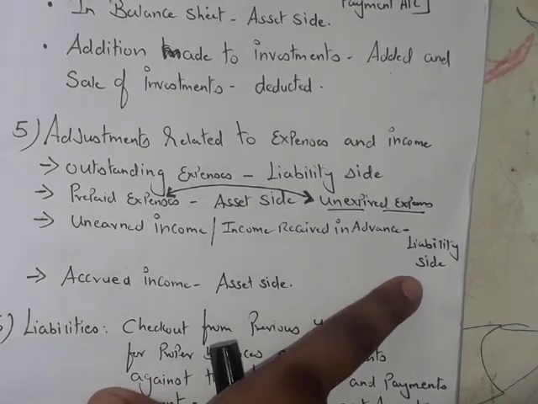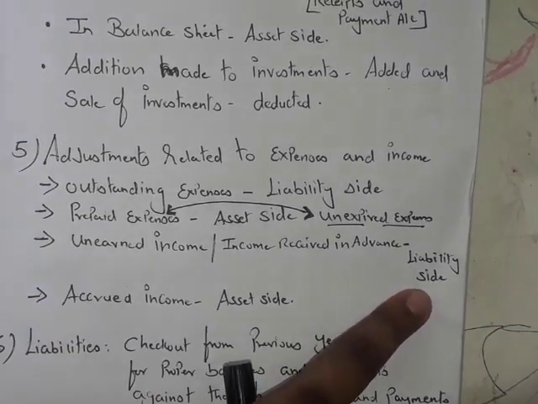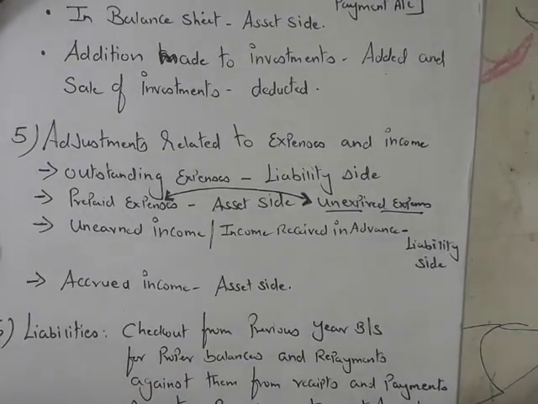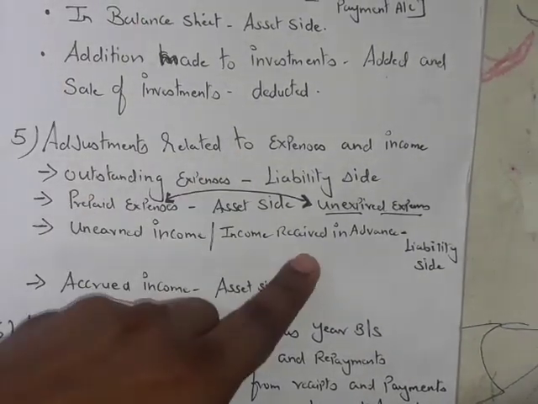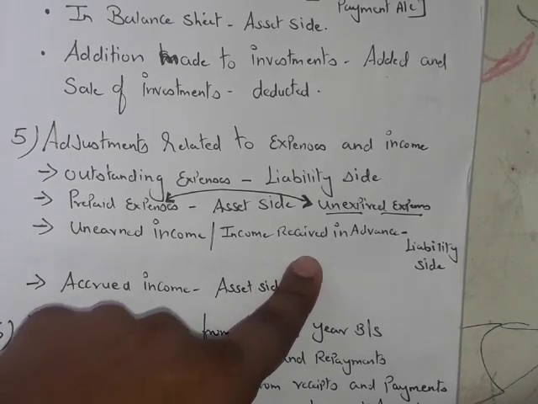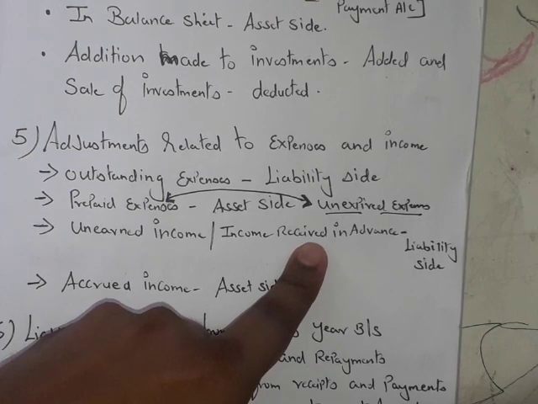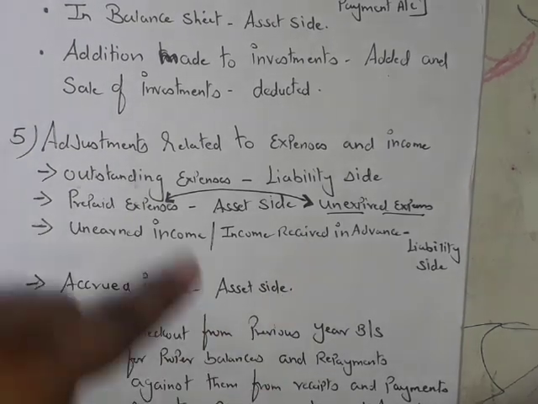So thus it forms part of your liability. Unless and until the work is delivered, this income which you have received against the services yet to be rendered will be treated as your liability.